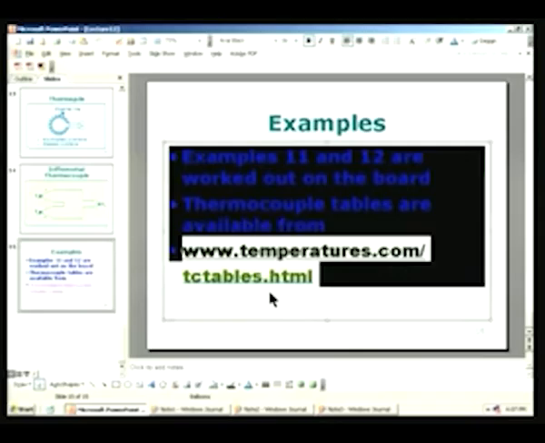This is a useful link. If you go into that, you will be able to download all the tables you may require for calculating temperatures based on the measurement of the voltages.